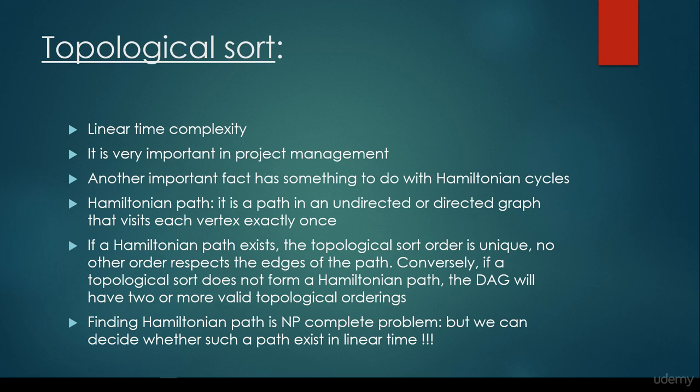But we can decide whether such a path exists in linear time. If you come to the conclusion that there is a Hamiltonian path, then we have to find it. But maybe we don't have to search for a Hamiltonian path if it doesn't exist at all.